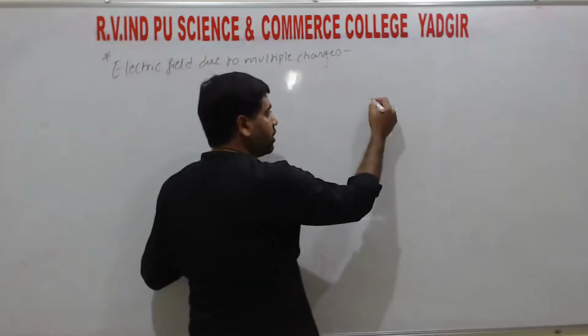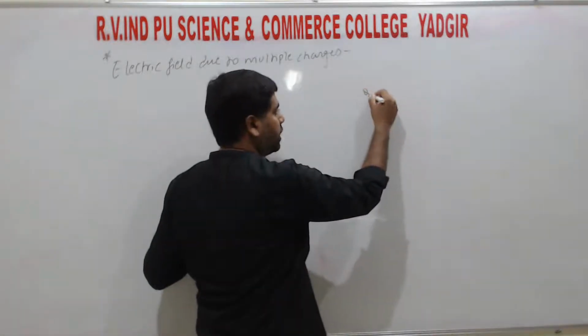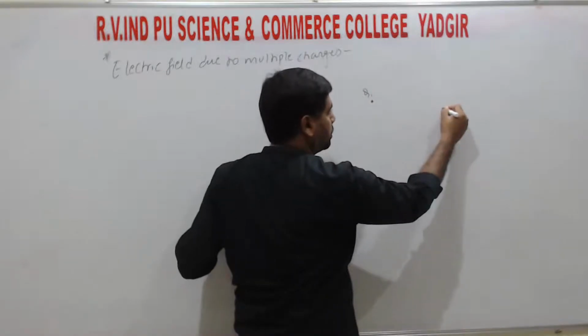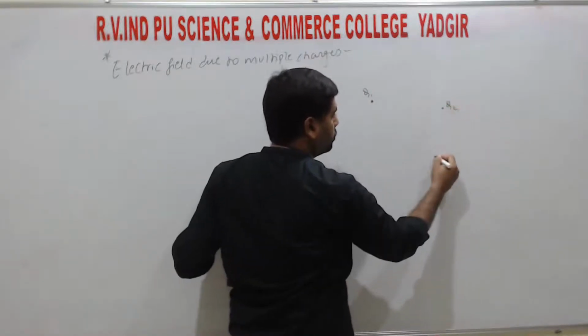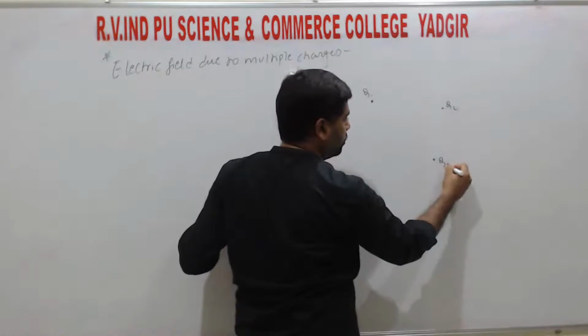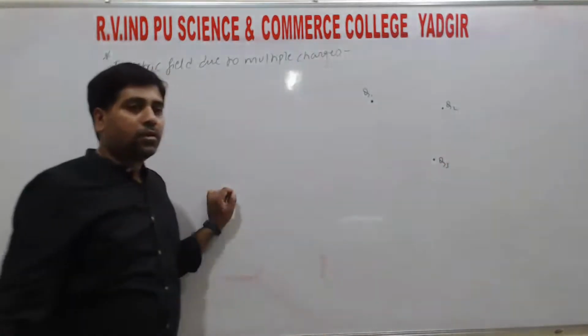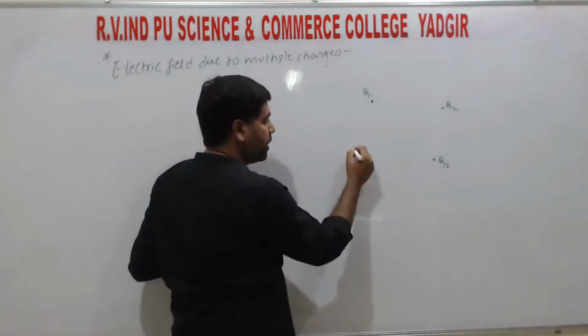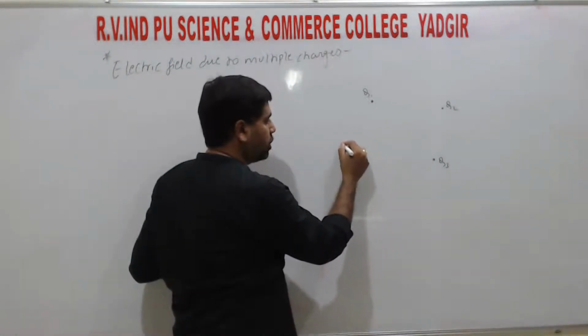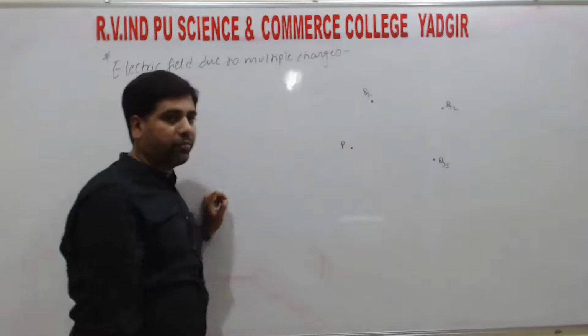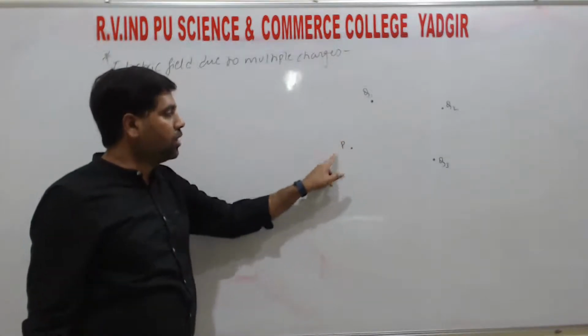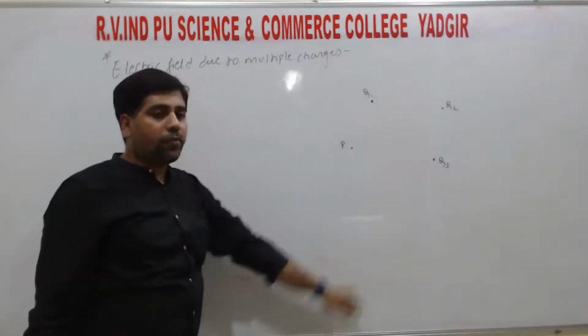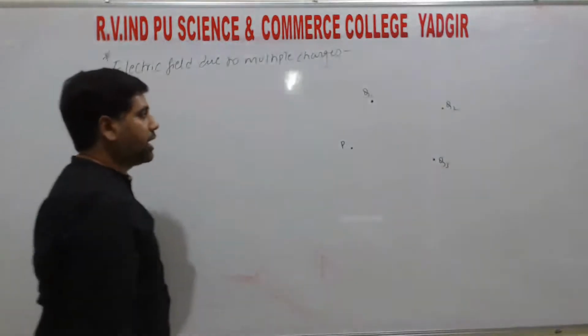So considering a system of charges, right? Here we have Q1, somewhere here we have Q2, and somewhere here we have Q3, right? We need to find the electric field at a point here, because this point is P. We need to find the electric field at this point due to the system of these three charges, right?